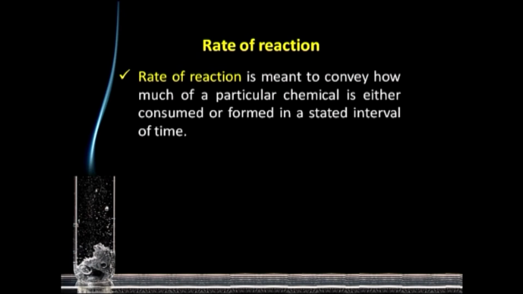So, let us start with what is meant by rate of a chemical reaction. Rate of reaction means how much of a particular chemical is either consumed or formed in a stated interval of time. If I carry out a reaction for 10 minutes, what is the difference in concentration, say, of the reactant? That I would like to find out, and that gives us an idea about the rate of reaction.